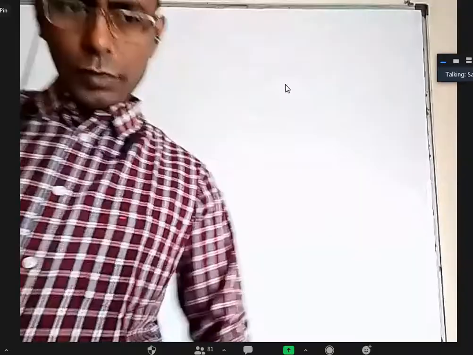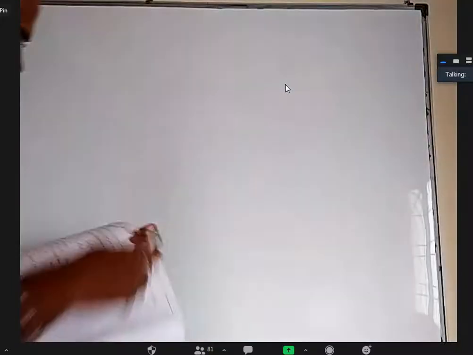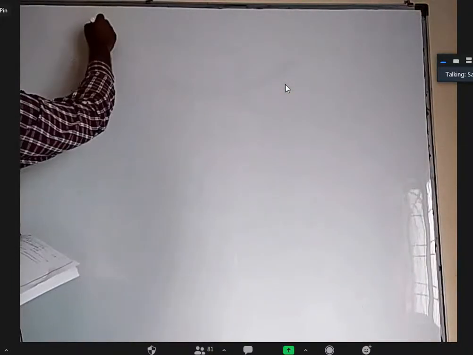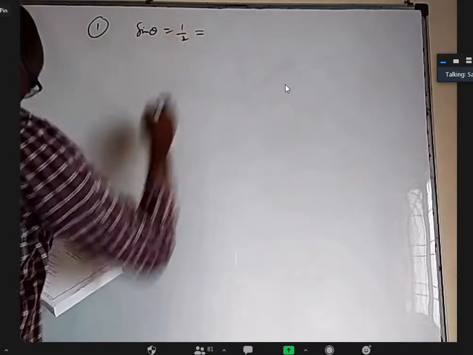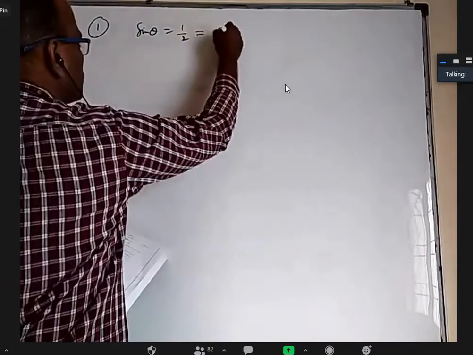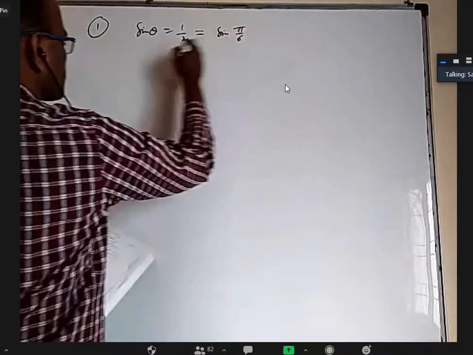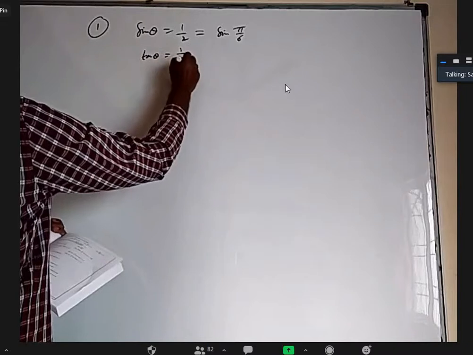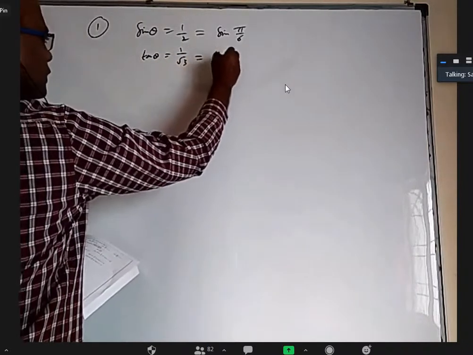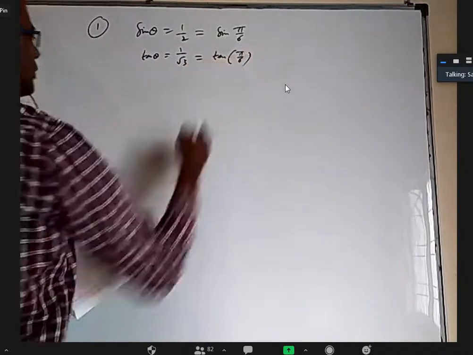Okay, as usual, we'll be doing odd numbers in the class. So, very first question, sine theta is 1 by 2, and that is in radians sine pi by 6. Tan theta is 1 by root 3, that is also tan pi by 6.